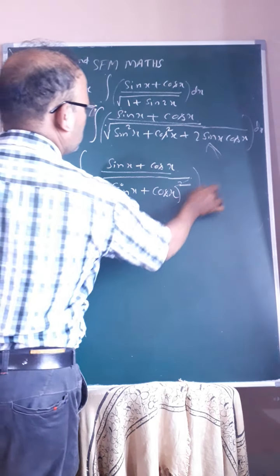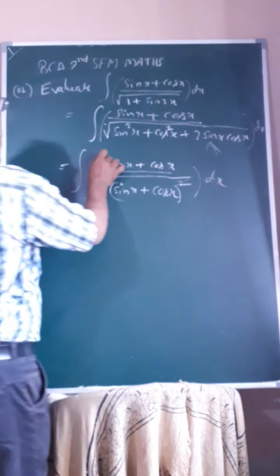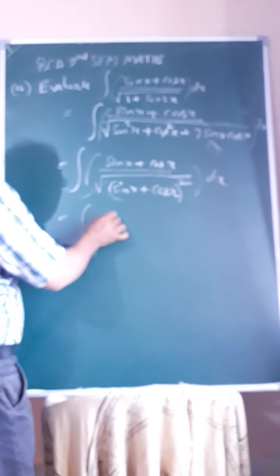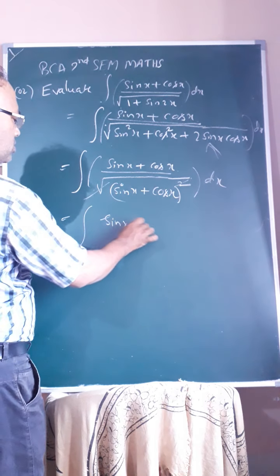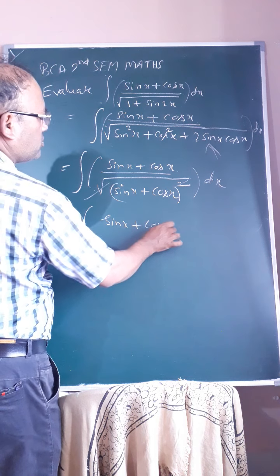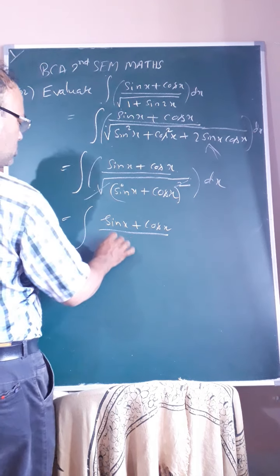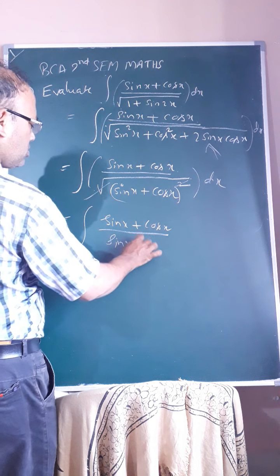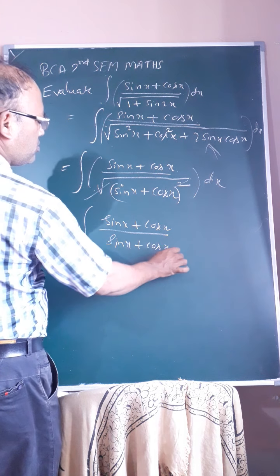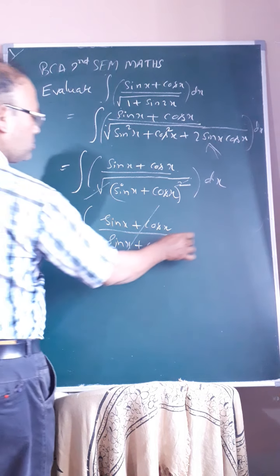The numerator, of course, dx, numerator sin x plus cos x divided by denominator also sin x plus cos x. So both will get cancelled.